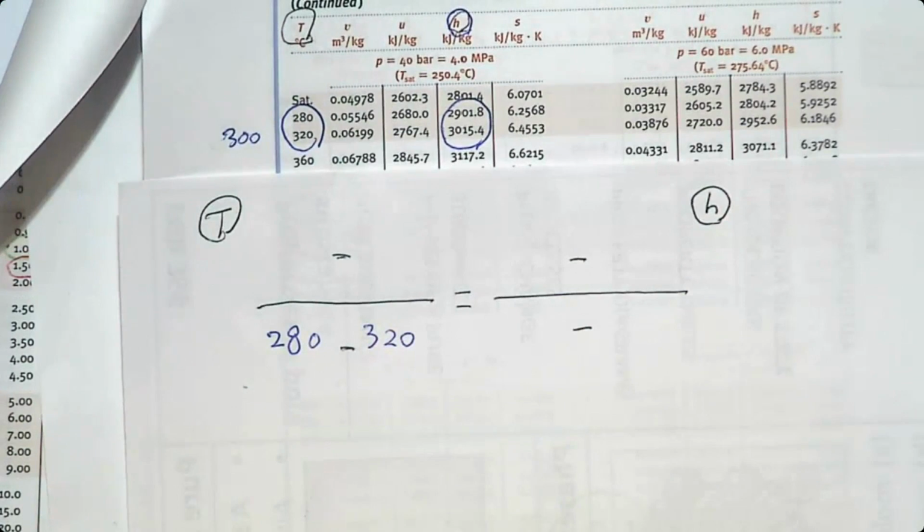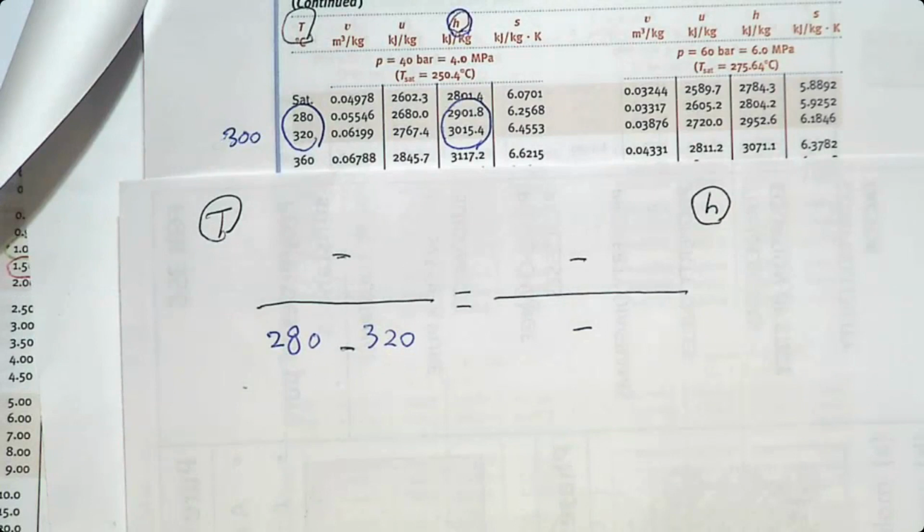What about H? I'm going to write the H value corresponding to the temperature value at the same location. So on the left-hand side, bottom left, we have 280. On the right-hand side, bottom left, we are going to write the H value at 280.